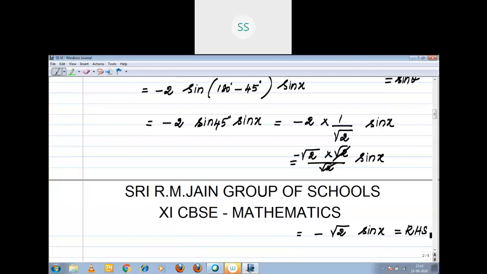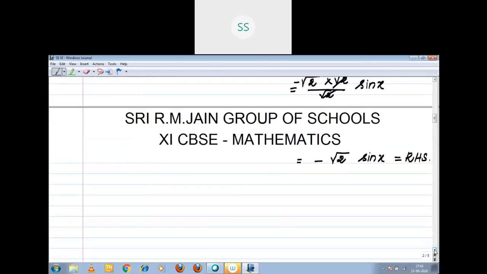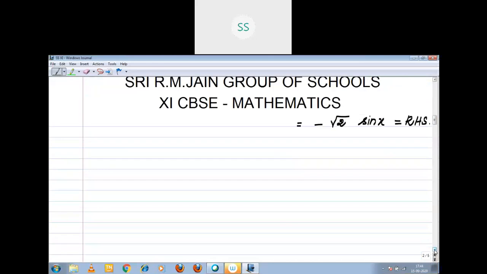Say yes or no. Now I am going to move to question number 13. Cos square 2x minus cos square 6x. Question number 12, sorry, children.